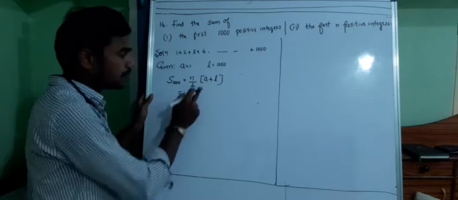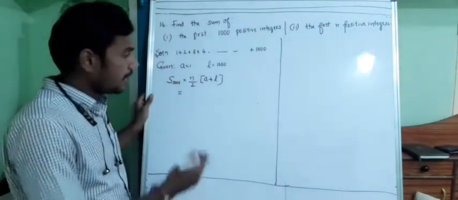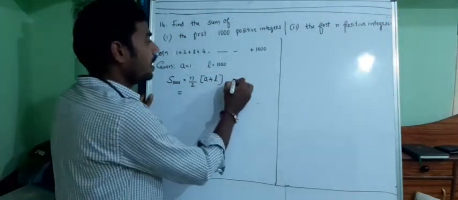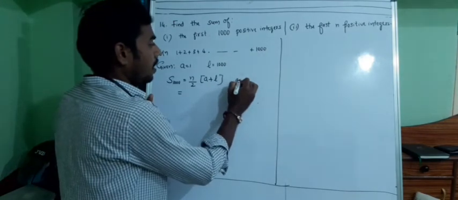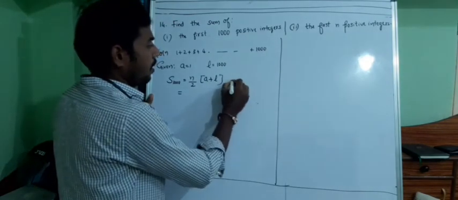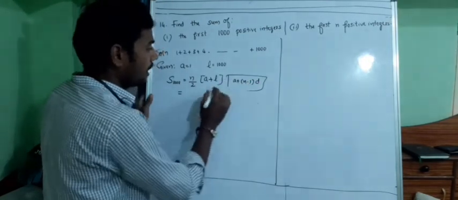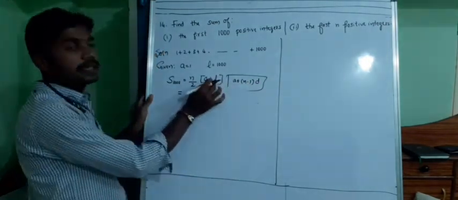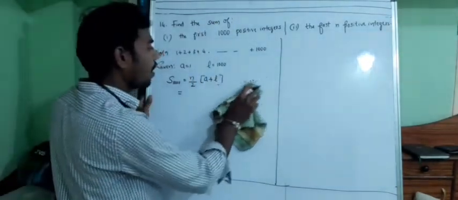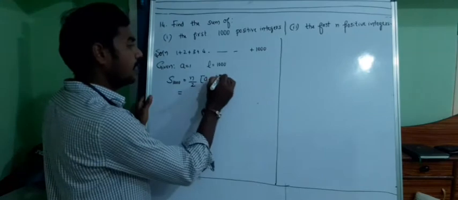Because I know the first term and the last term, I need not go for the other one. a plus n minus 1 into d is nothing but the last term, and instead of that, we replaced it with L. So we can use this formula because we know the first term as well as the last term.